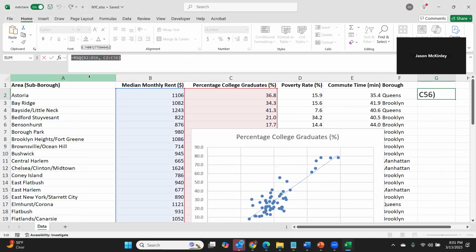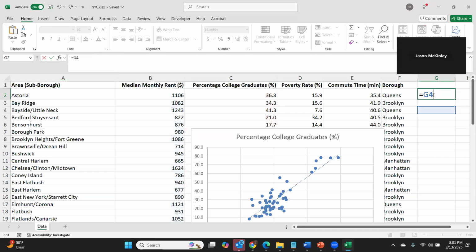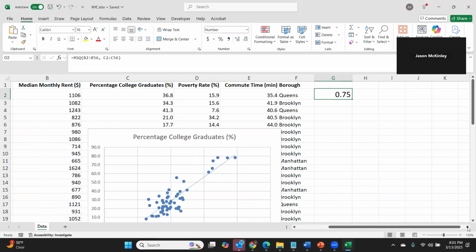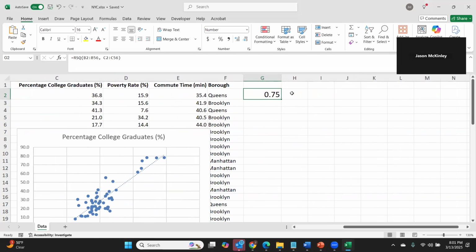So I just told Excel equals RSQ, and my monthly rent data is in the cell range B2 to B56, and the percent of college graduates is in the cell range C2 to C56. Hit enter, and it gives me what I think is a fairly strong R squared, according to that chart. So you could say with some pretty good confidence that those two variables are highly correlated.